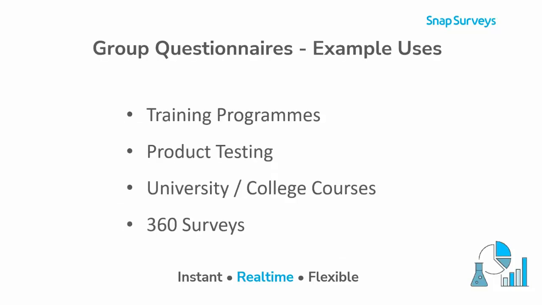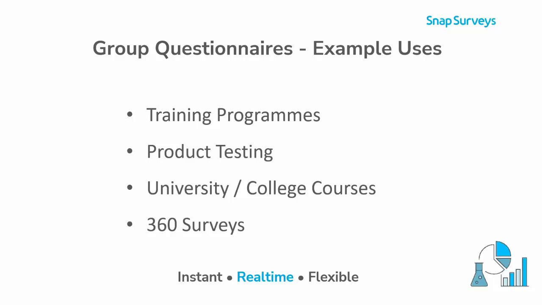A reminder of some common example uses for group questionnaires would be training programs where employees are asked to evaluate their different courses that they've been on. Product testing, where a participant is asked to complete a questionnaire about a product at various intervals throughout the testing process, or perhaps complete a different questionnaire for each of the different products that they're testing. And then today's example will be taking the scenario of a university or college where students are asked to complete questionnaires for the different modules or courses that they've taken throughout the year.